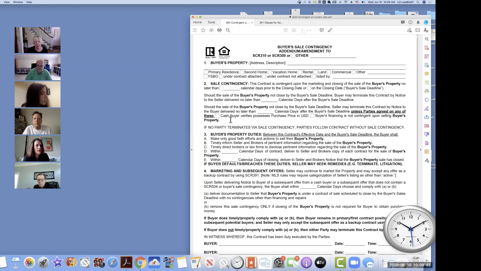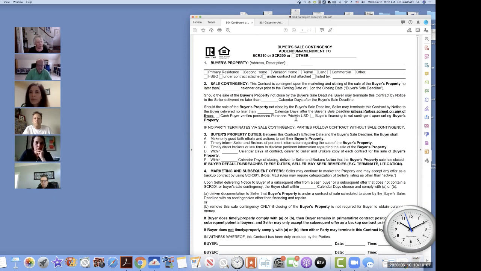Either the cash, the buyer verifies and possesses purchase price, or the buyer's financing is not contingent upon the selling of the buyer's property. Sometimes you have a buyer that can really afford to buy without selling, but they just don't want to. They want to make sure that they are more comfortable having it sold first.